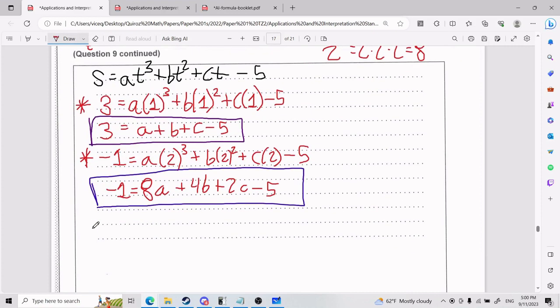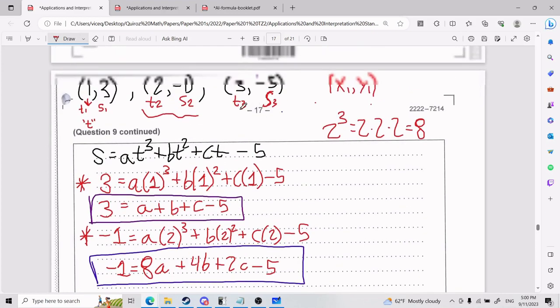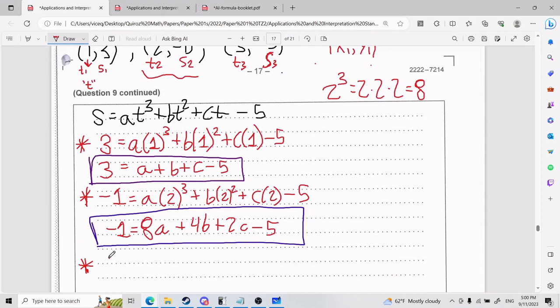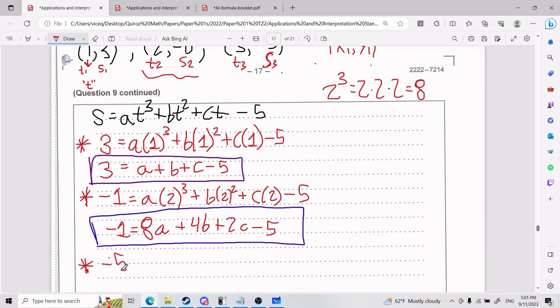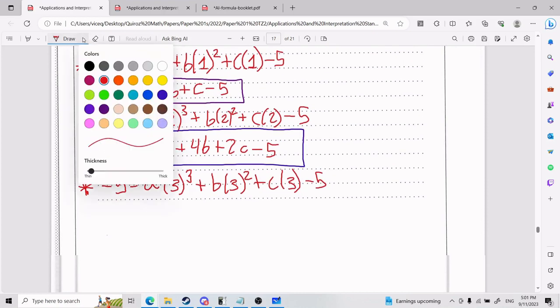And now for my third one, my t3 is 3, and my s is -5. So -5 equals a times 3 cubed plus b times 3 squared plus c times 3, minus 5.